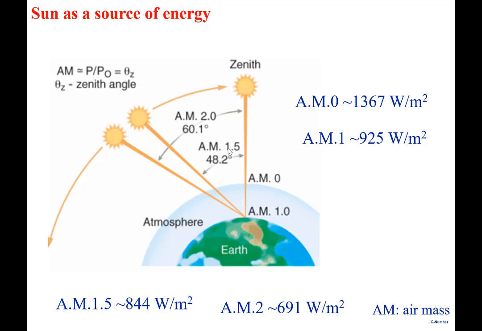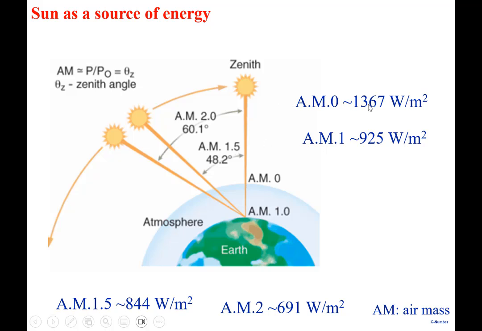And then they talk about the efficiency, how much power is being generated under AM 1.5. Note that depending on the time of the day, different latitudes and different seasons, the air mass that the radiation goes through will vary. Okay, so AM 1.5 is just a standard.